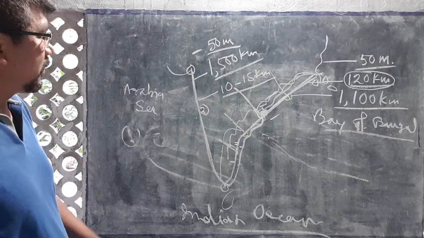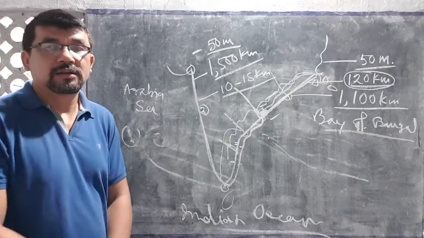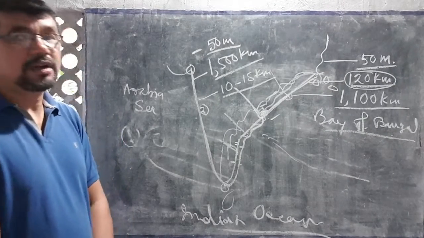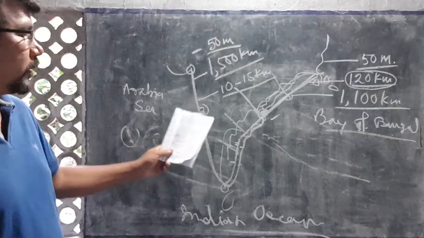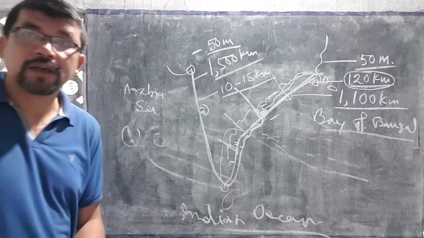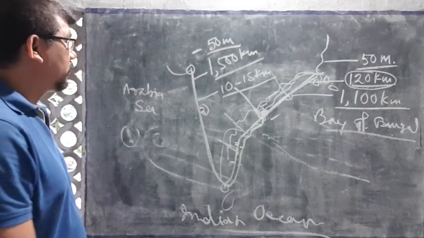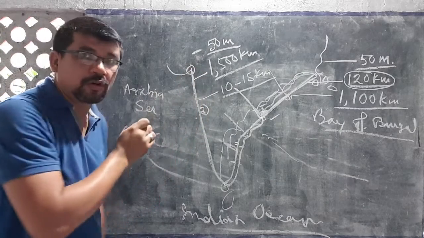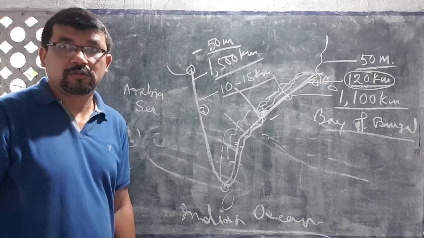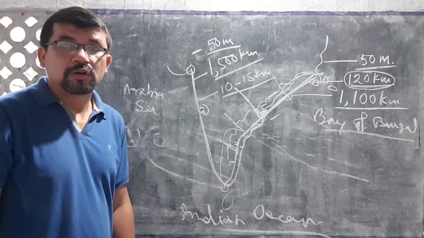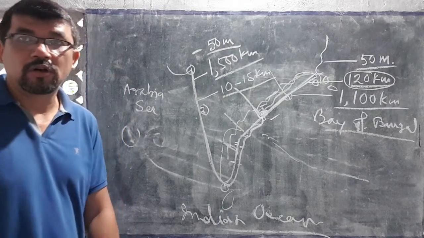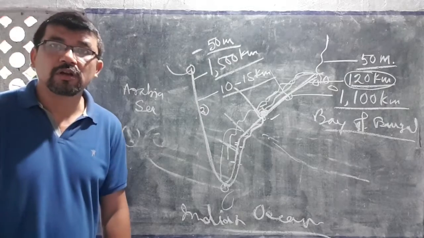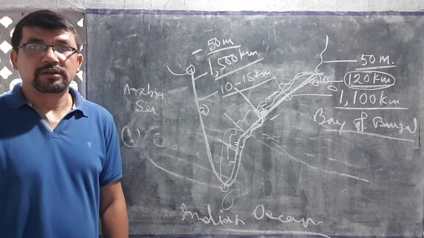Now you see, like the eastern coastal region, the western coastal region has also two subdivisions. That is Konkan Coast and Malabar Coast. Now, from where to where it is called Konkan and from where to where it is called Malabar, you see.